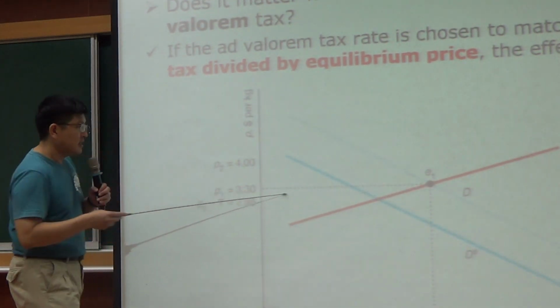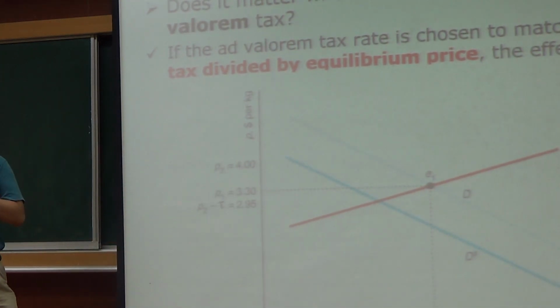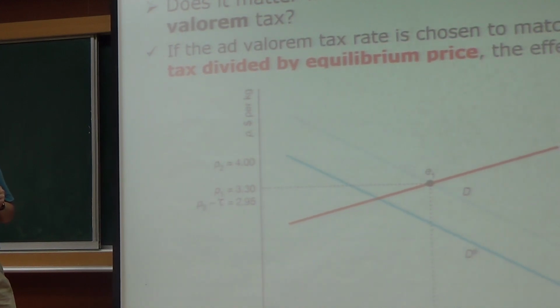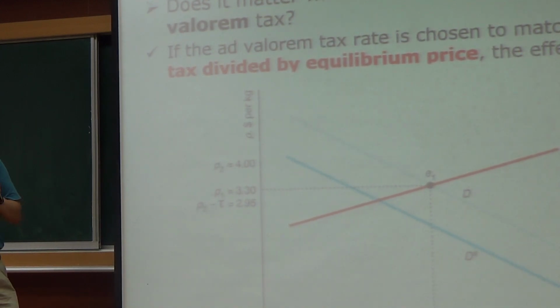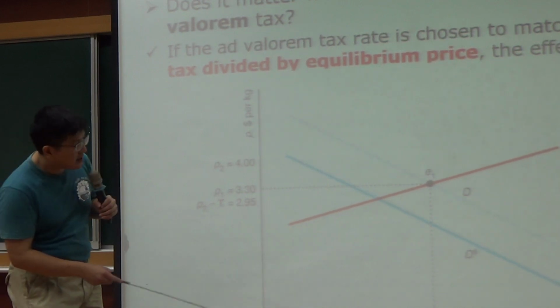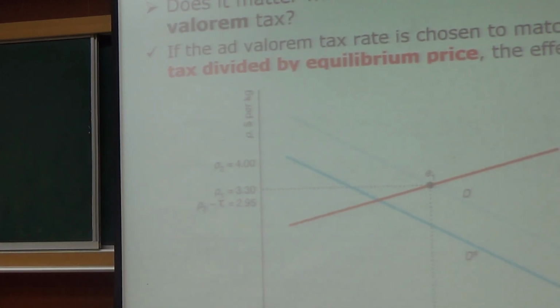And this point here is the original price. It is not clear here, so let me draw it. This is P0 and this would be P2. D prime equals D minus tau, and supply.